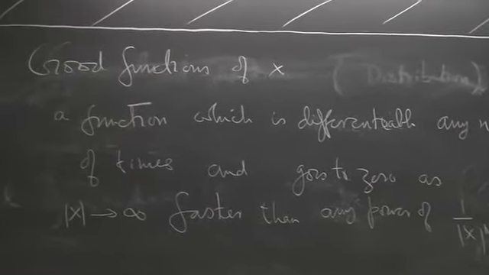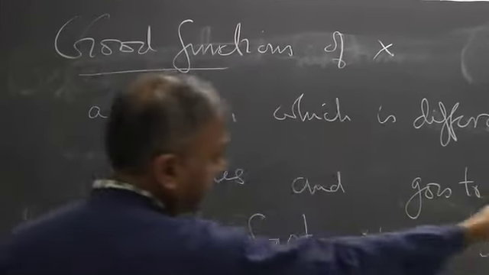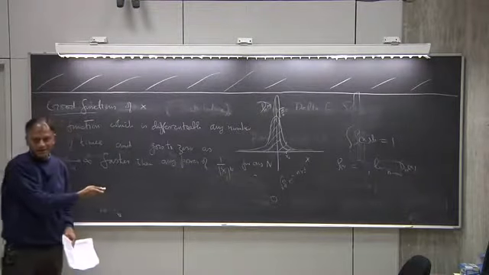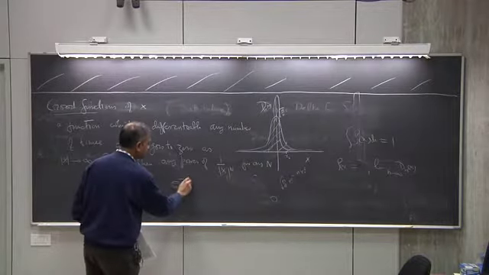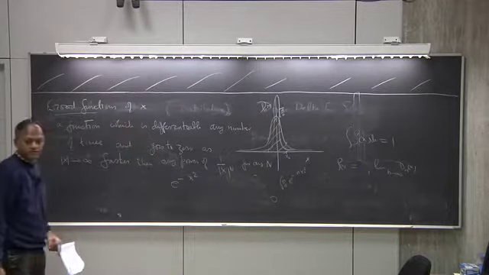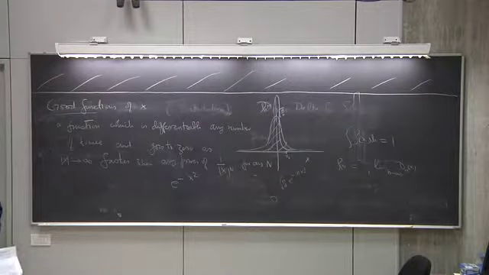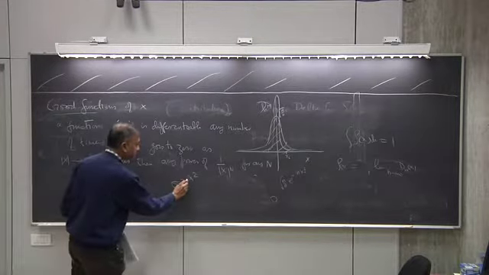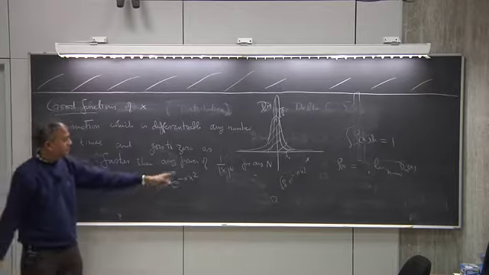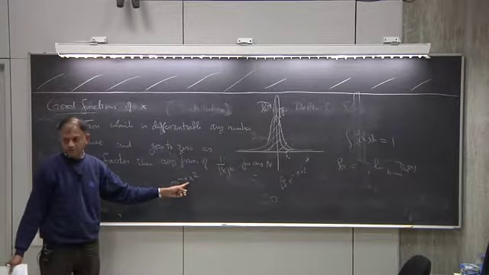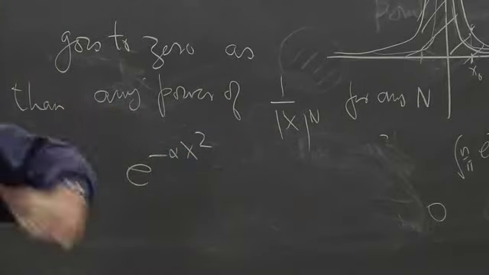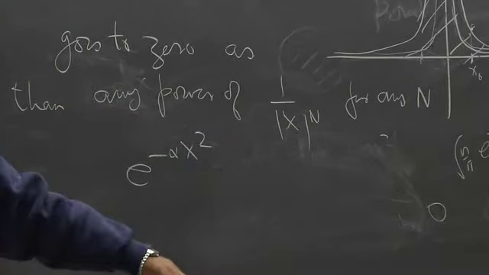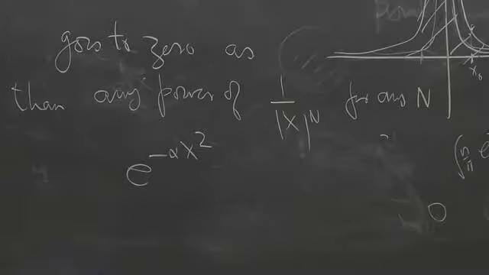So an example, in fact, is this Gaussian, e to the power of minus x square. Or any alpha times x square. This is an example because it is differentiable any number of times, and as x goes to infinity it is exponentially suppressed, so it goes to 0 faster than any power of 1 over x.